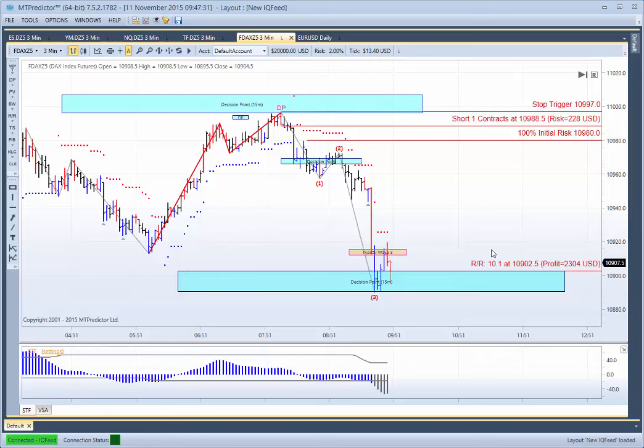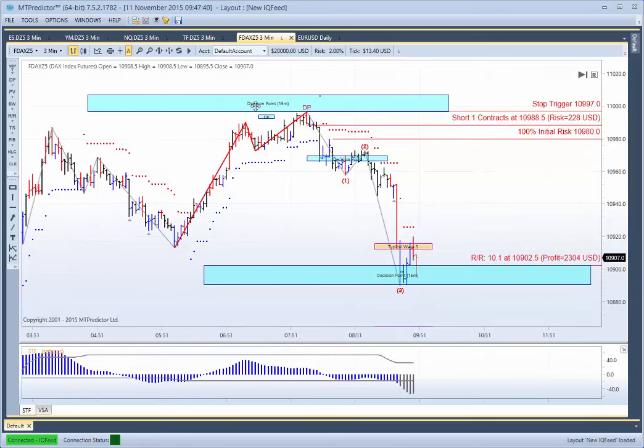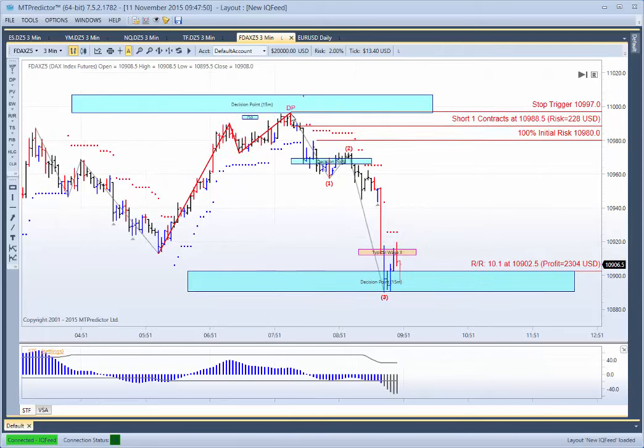But yet again, I'm hoping this video shows you how MTPredictor can be used on multi-time frame analysis, where we use our DPs on our higher time frame charts to gauge larger degree support and resistance. We then take our shorter time frame trades in the direction of that large degree trend, or in this particular example at the larger degree resistance area.